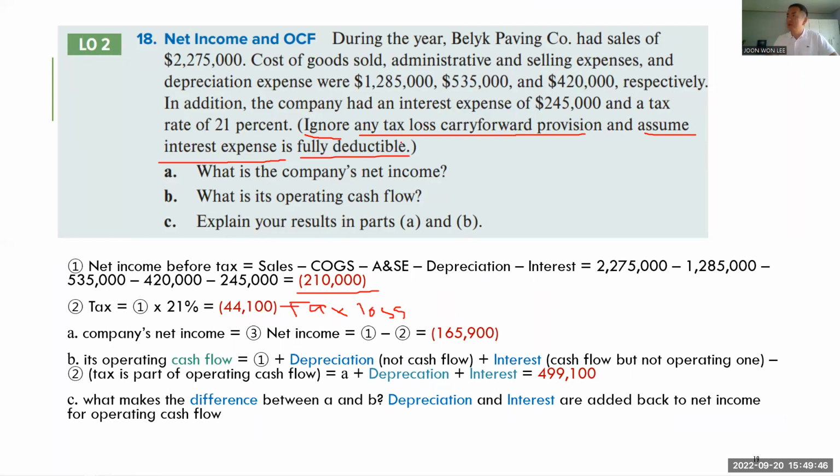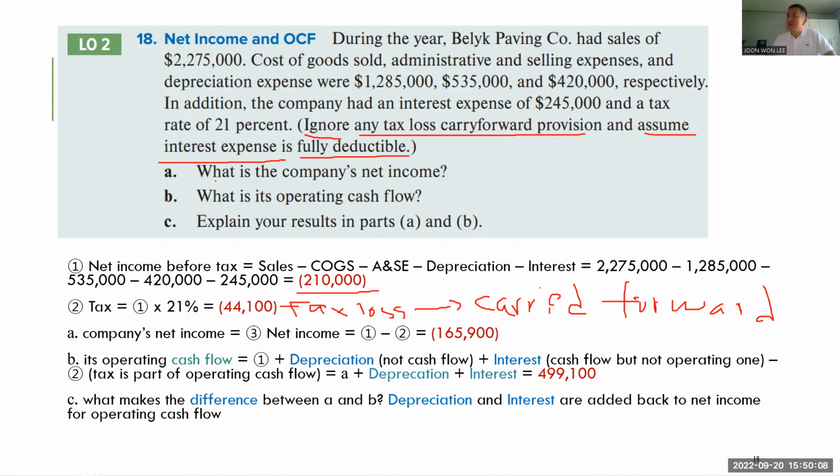But here, in most cases, if you have a tax loss, it is carried forward under the tax law, right? But here, ignore any tax loss carry forward provision.